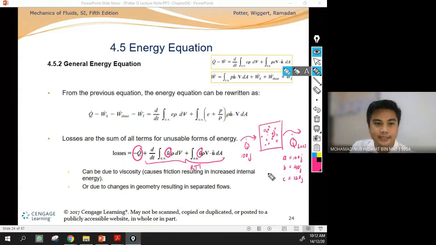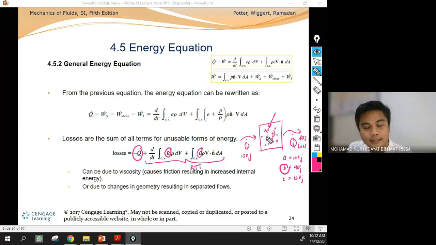So the answer is V, because this is 40 joule, the rest inside the internal energy, which is 60 joule. So 60 plus 40 is 100 joule.